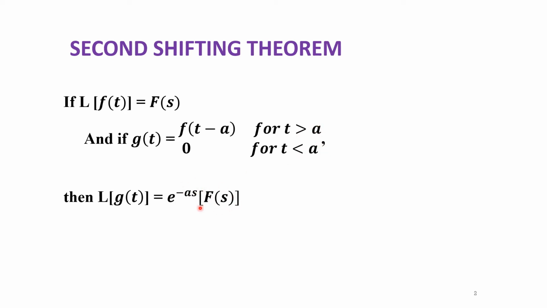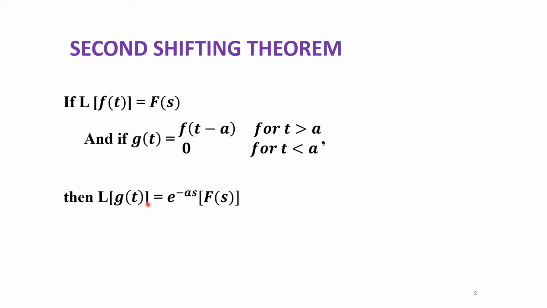Next we want F of s. F of s is L of f of t. Now this f of t has to be got from this function. g of t is equal to f of t minus a. We require f of t, so put a equal to 0 and then you will get f of t. Whatever is the function f of t, calculate the Laplace transform, that will become F of s.